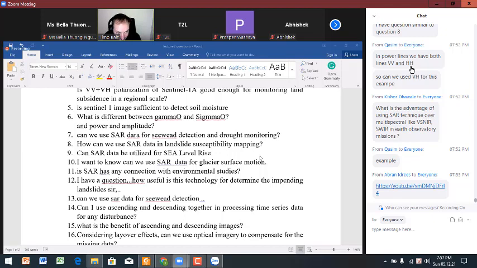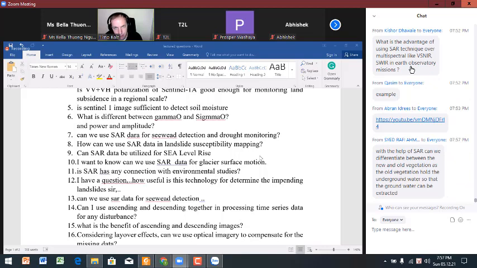But drought monitoring, certainly yes, right? So we saw that SAR is reacting to soil moisture. So we have a reaction that is related to moisture, and so you can also use it to monitor droughts and reduction in moisture.